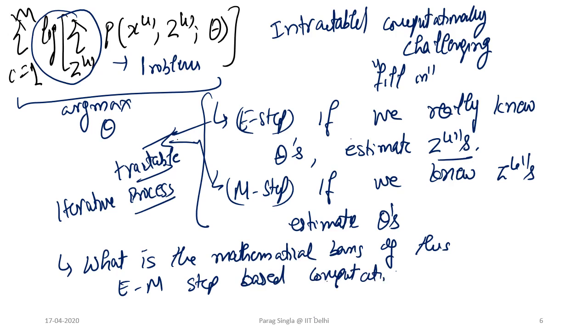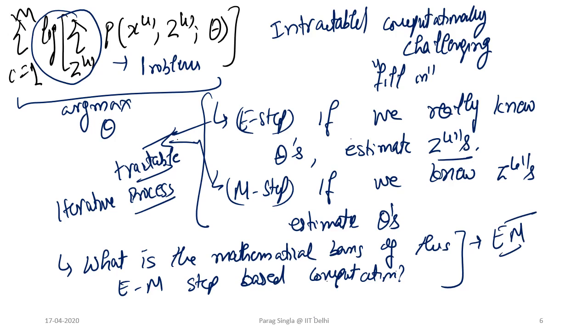Is it just heuristic that over a certain number of iterations we estimate the parameters, then estimate the zi's, and then estimate the parameters again? Does this process even converge, and does it converge to something meaningful? These will be the questions that we'll try to answer as we talk about the EM algorithm, the expectation maximization algorithm.